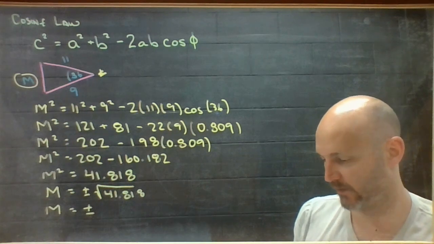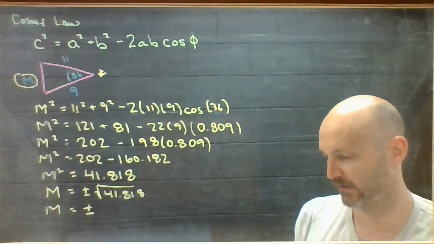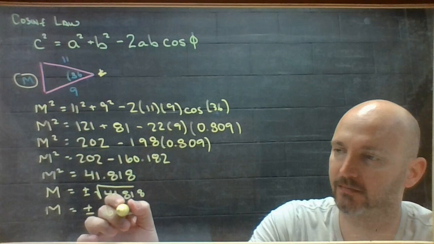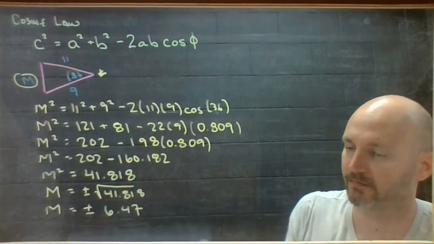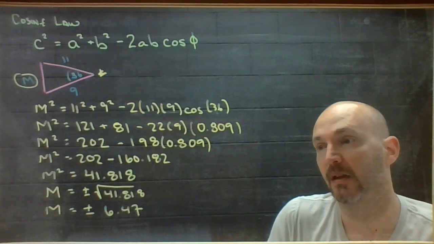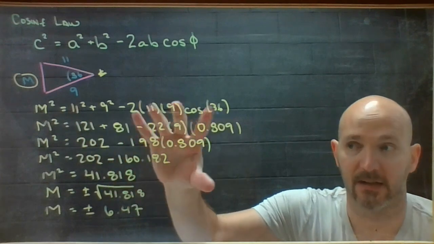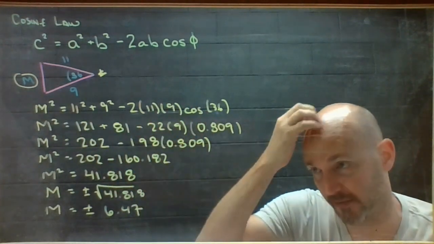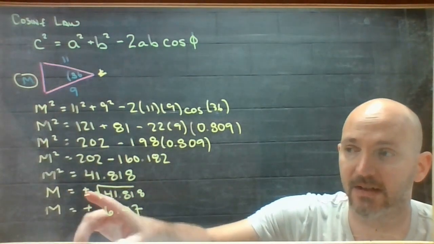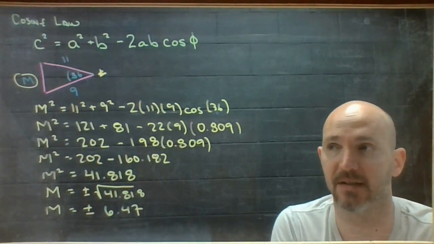Square root of 41.818 is 6.47. Okay. So if you've got all the numbers and you just have them on this side, you just have to slowly work your way through the order of operations. And because I do technically need plus or minus anytime I break a square with the square root, I end up with the answer plus or minus 6.47.